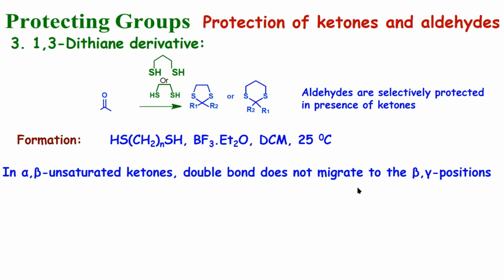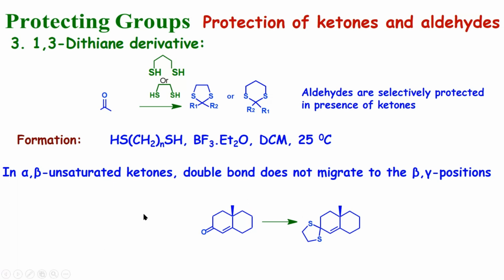Another salient feature of protection as dithianes is that if there is an alpha-beta unsaturation adjacent to the ketone or an aldehyde, the double bond does not migrate to the next position as we see in the case of dioxanes or dioxolanes.